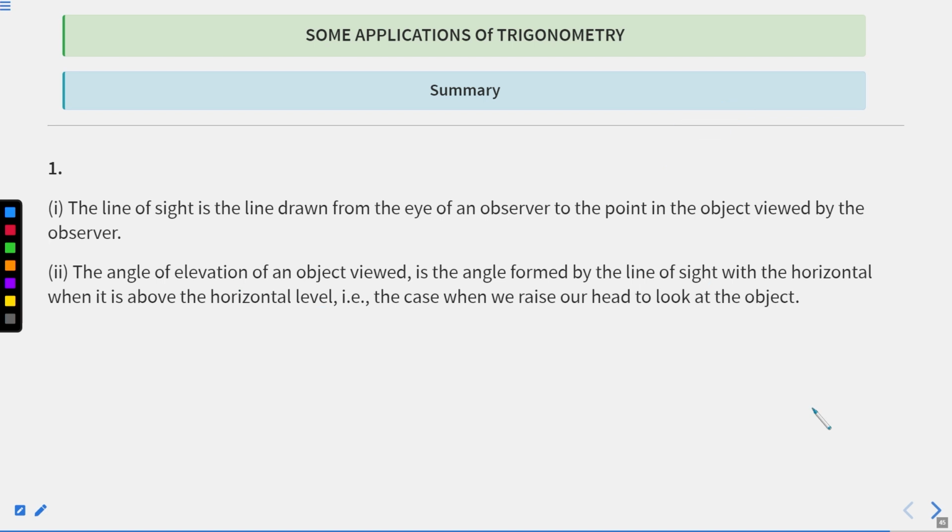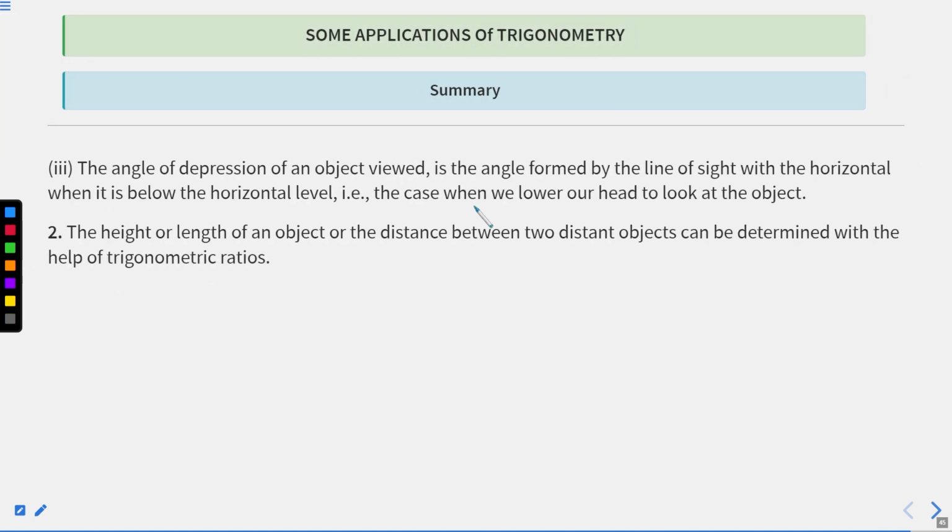Okay, and then we have studied in our previous lecture and in this lecture the angle of depression of an object viewed is the angle formed by the line of sight with the horizontal. Suppose our observer is somewhere here.